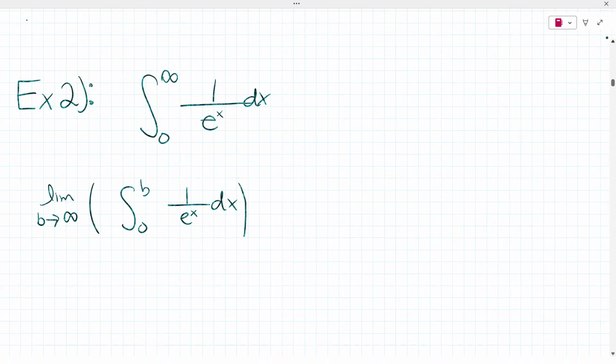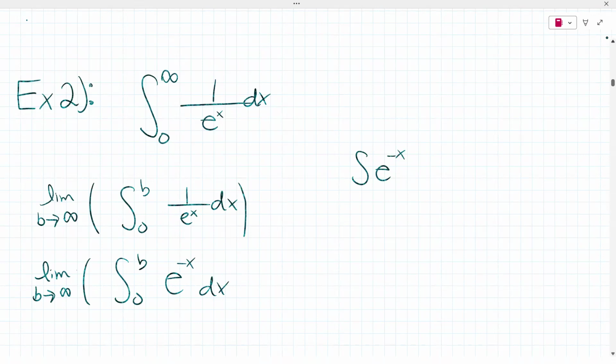So the limit from 0 to b, and then I'm just going to rewrite 1 over e to the x as e to the negative x dx. Now, I think this is more doable. What is the integral of e to the negative x dx?